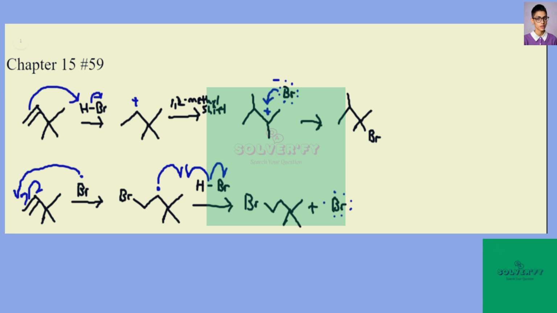And then we have a secondary radical on our carbon there, and that's not going to rearrange. And then the hydrogen will add second to get us to this product, the 1-bromo-3,3-dimethylbutane, and generate another bromine radical to keep the reaction going. And so that's the mechanistic difference here, and that's why we get these two different products. And that's the answer to chapter 15, problem number 59.